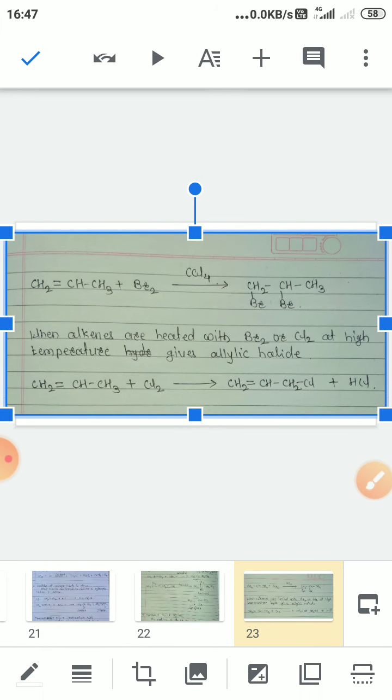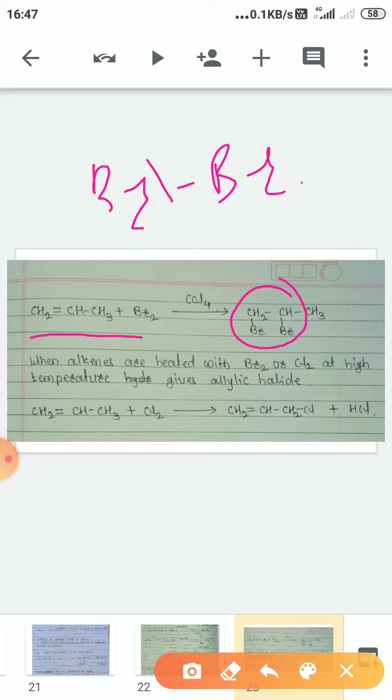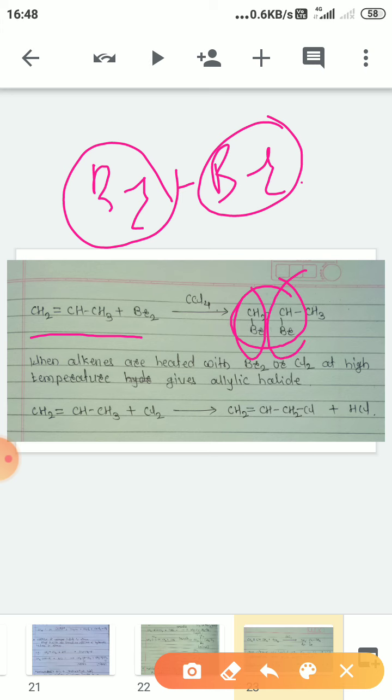For example, if we take propene plus Br2, we'll get 1,2-dibromopropane. See, from this Br2, one bromine atom gets attached to one carbon atom, while the second bromine atom gets attached to the second carbon atom.